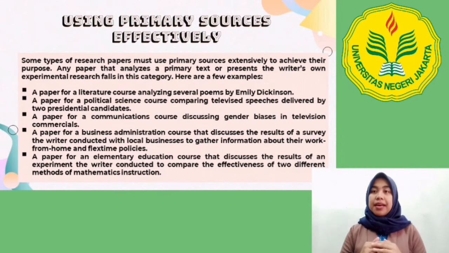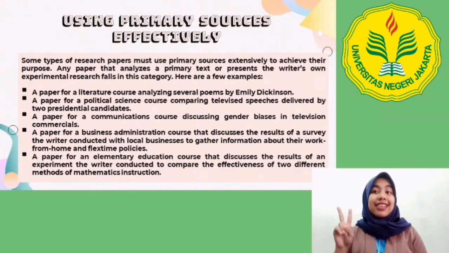Here are a few examples. First, a paper for a literature course analyzes several poems by Emily Dickinson. Second, a paper for a political science course comparing television speeches delivered by two presidential candidates.